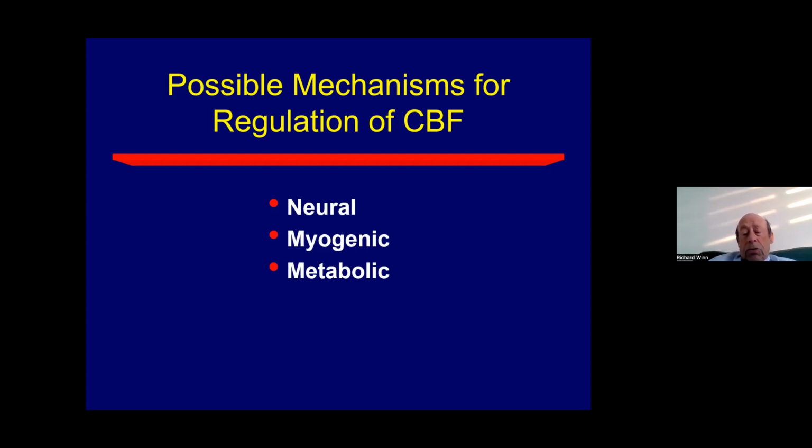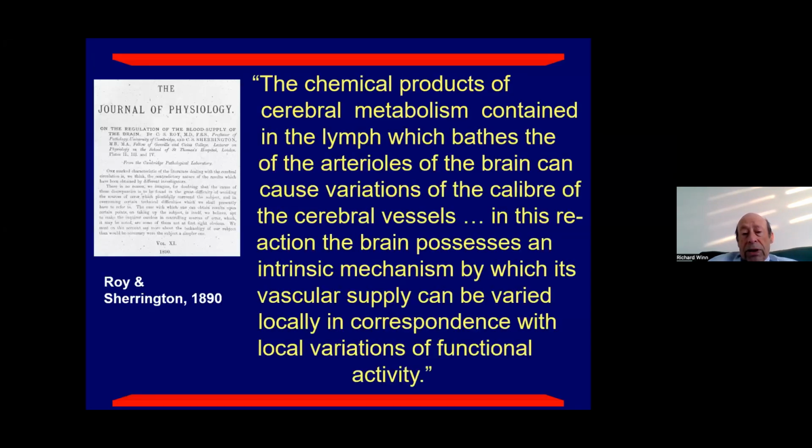And then lastly, there's the metabolic hypothesis, and this shows you a paper by Roy and Sherrington in 1890. Sherrington, as perhaps many of you know, went on to win the Nobel Prize in Physiology in 1932.